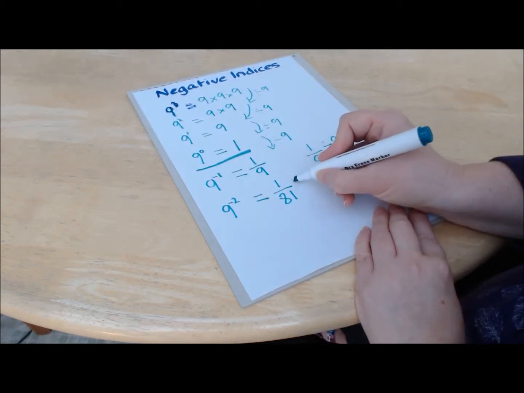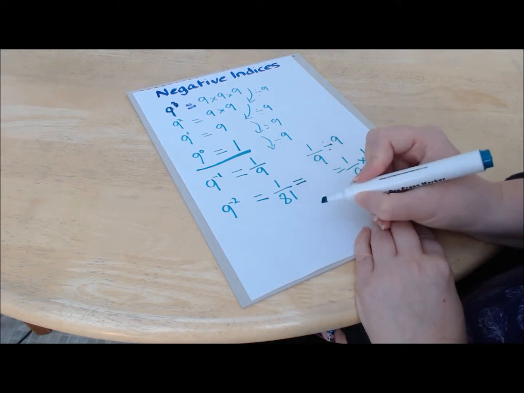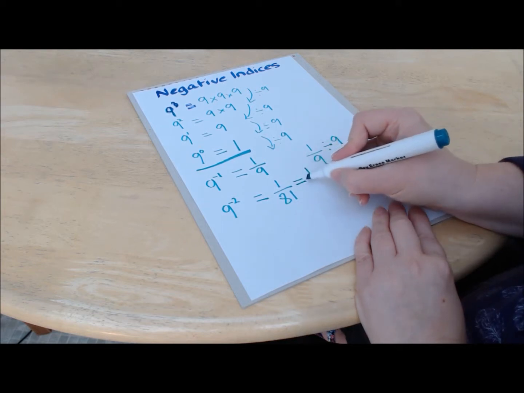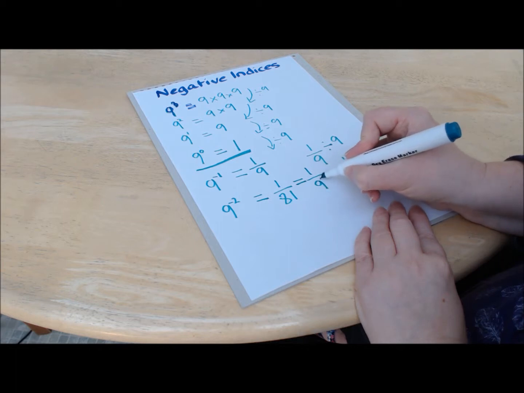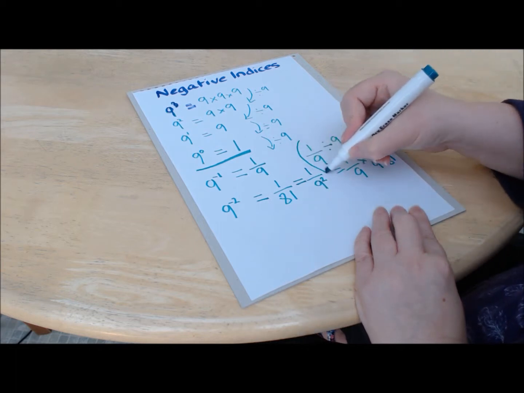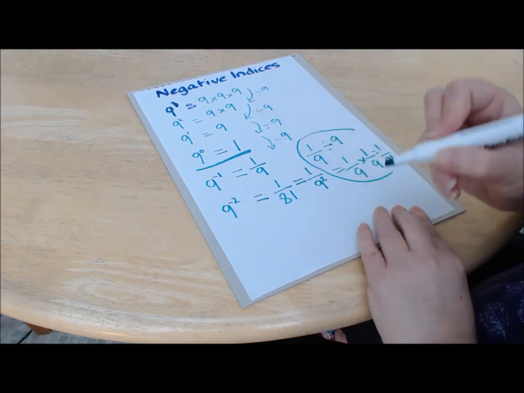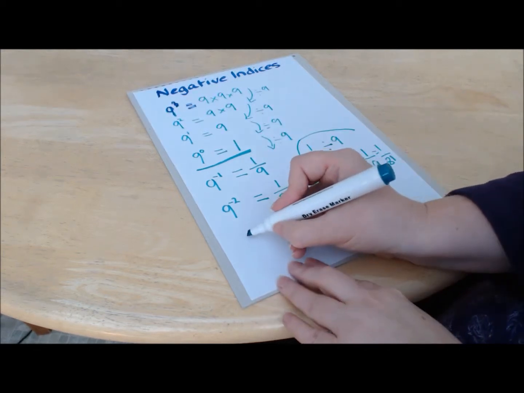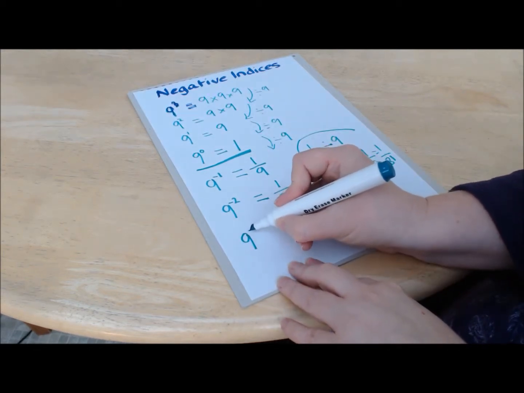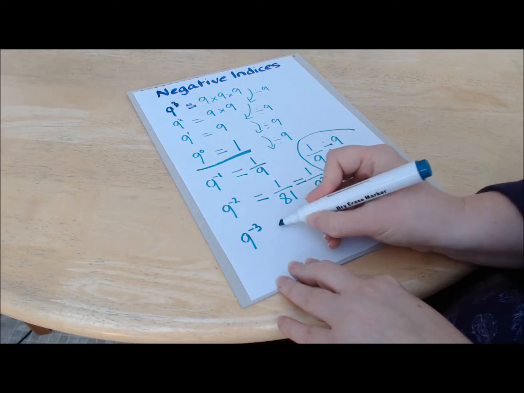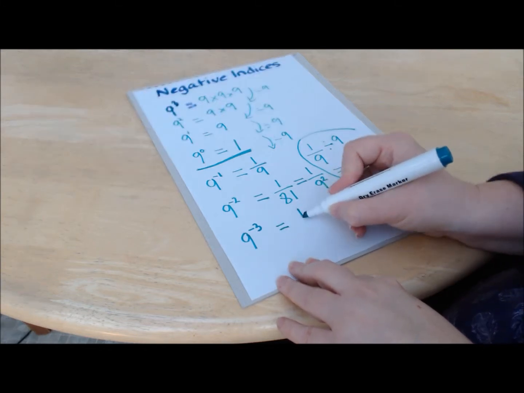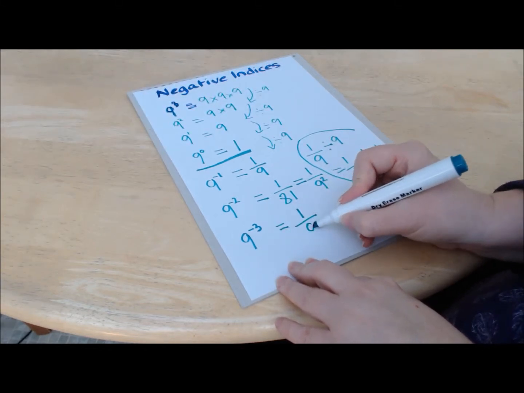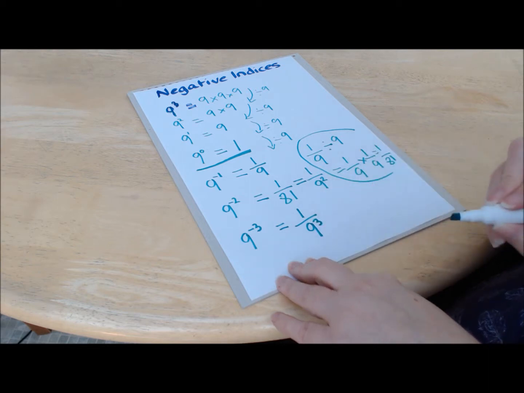Now, what I want to do is write this in indices notation. So that's 1 over 9 squared. Hopefully you can predict that 9 to the power of minus 3 will become 1 over 9 to the power of 3.